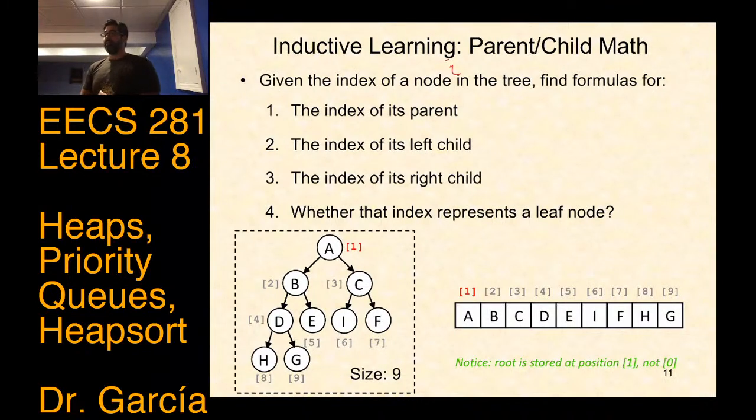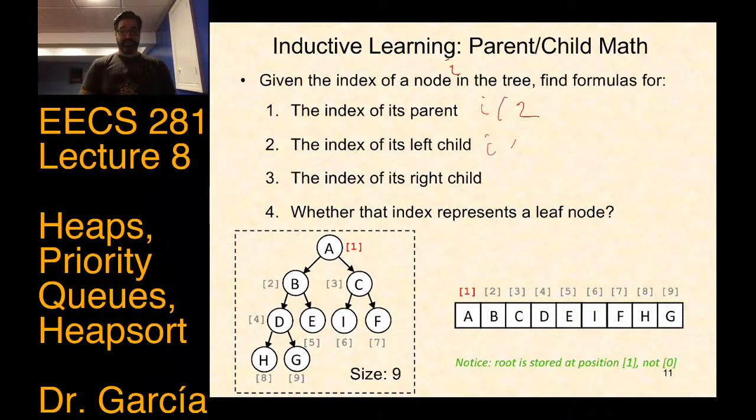Then you can find formulas for the index to the parent for node I, and that would just be I divided by 2. Integer division is completely fine with that. For I's left child, it's just a matter of doing I times 2.